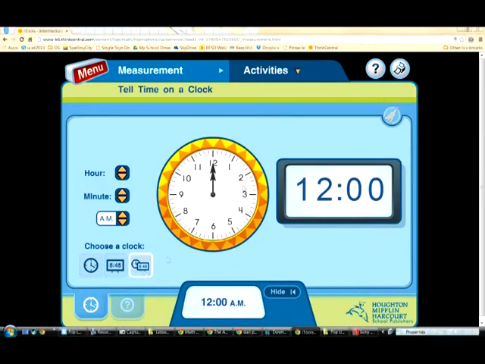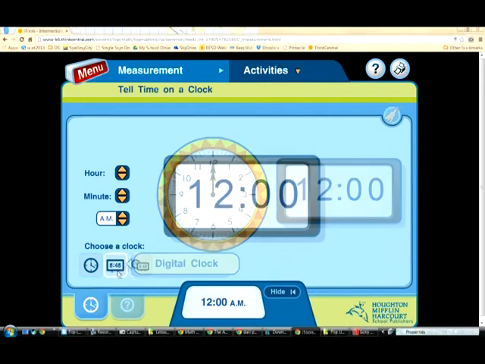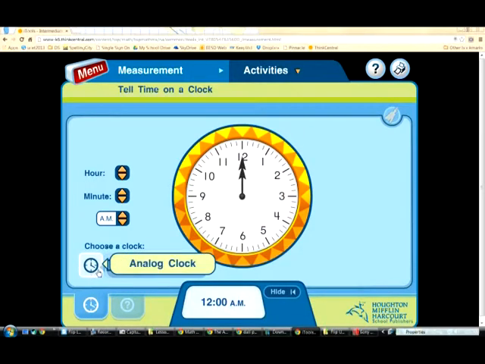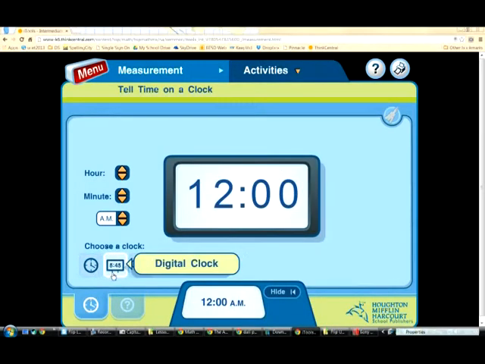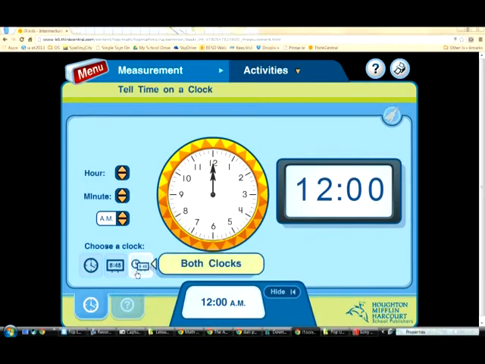And you can use it with either analog, that's with the hands and the hours, or you can do it with digital, or you can do it with both. And what I want you to do is show people how to get the time.